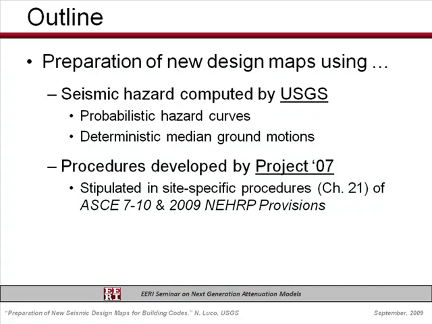And those procedures, as Charlie mentioned, are laid out in the site-specific procedure of both ASCE 7 2010 and the 2009 NEHRP provisions in Chapter 21. And so this talk is going to be about preparing the new seismic design maps, but at the same time, it's going to be about what those site-specific procedures are, because that's how we followed them to prepare the design maps.